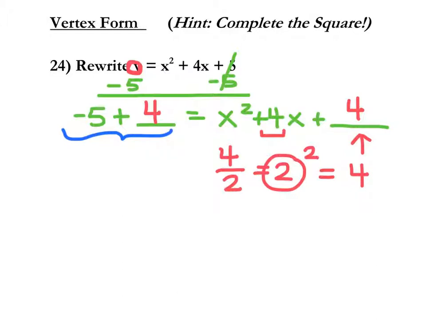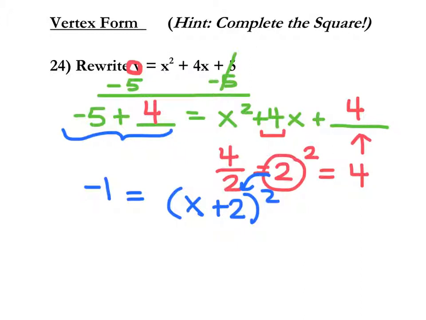Simplify the left side. Negative 5 plus 4 is actually negative 1. Equals x, this is where the 2 comes in, guys, plus 2 quantity squared.